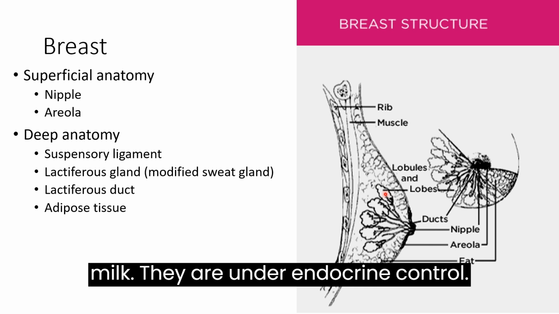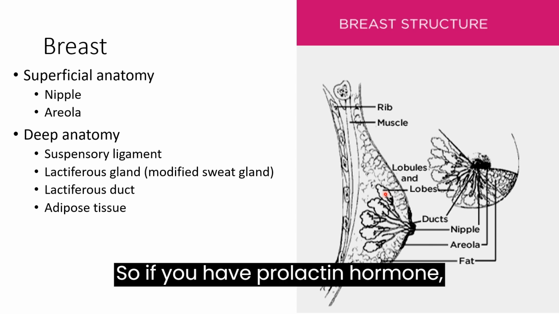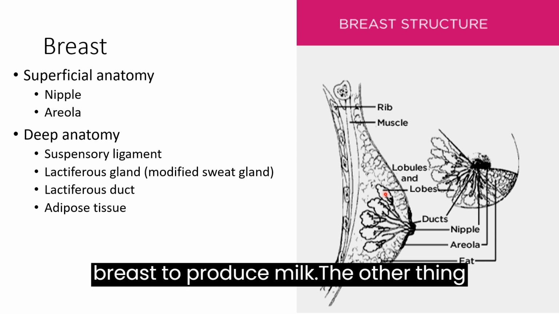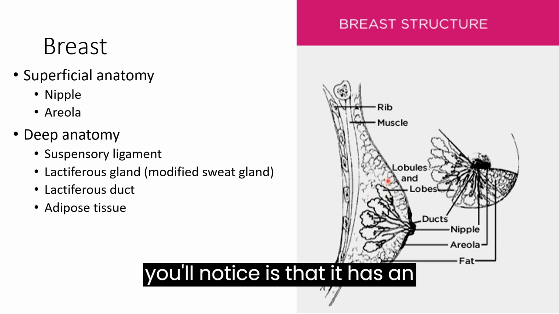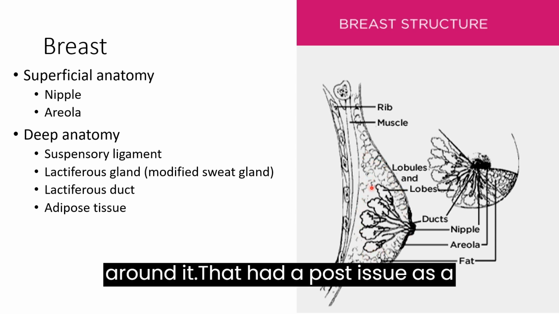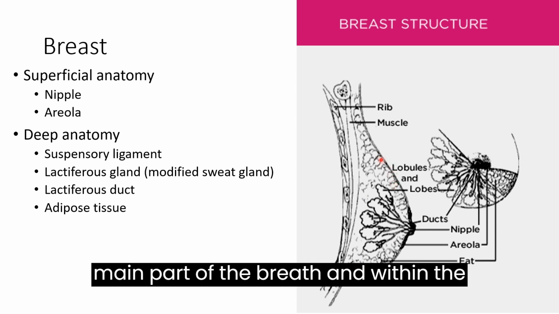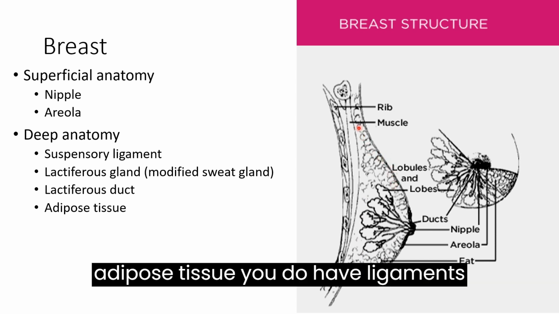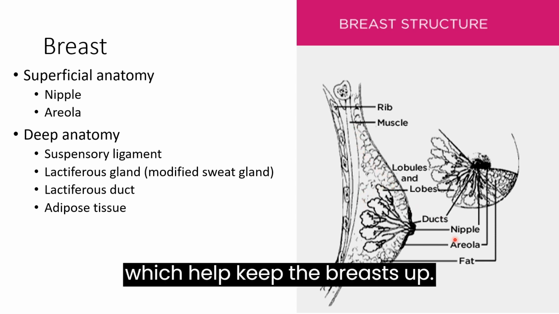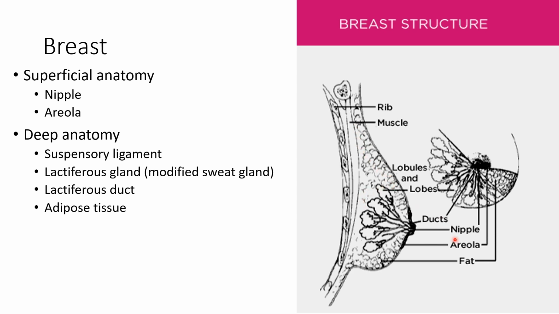They are under endocrine control, so if you have prolactin hormone, it will actually start getting the breast to produce milk. The other thing you'll notice is that it has an exaggerated amount of adipose tissue around it. That adipose tissue is a main part of the breast, and within the adipose tissue you do have ligaments called the suspensory ligaments, which help keep the breast up.